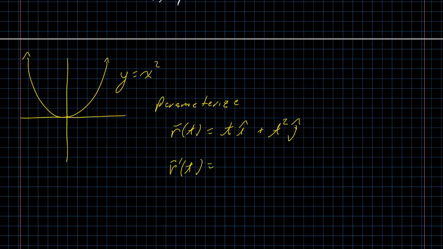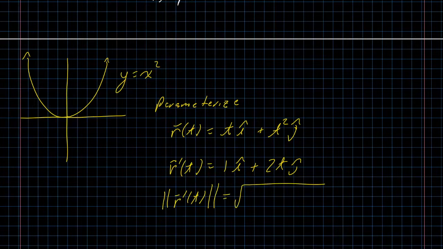Well, the derivative of t is 1. The derivative of t squared is 2t. And we can find the magnitude of that derivative. It will be the square root of 1 squared, which is 1, plus 2t squared, which is 4t squared.